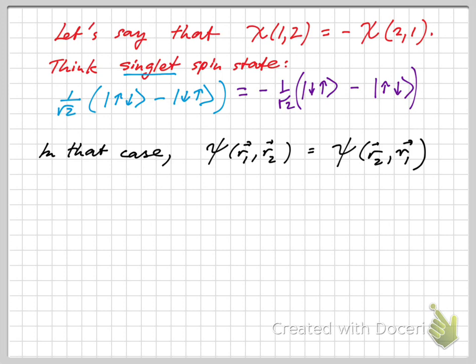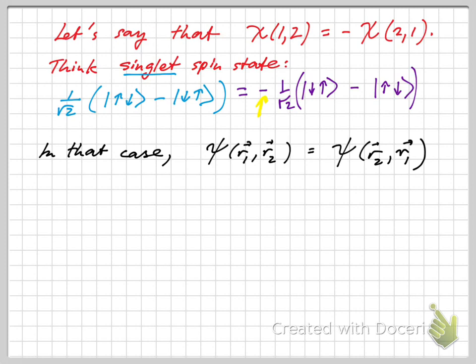You're getting the same state only if you then also multiply by a minus sign. And so we can say that we are antisymmetric in the singlet spin state. And so chi 1, 2 is already minus chi 2, 1.